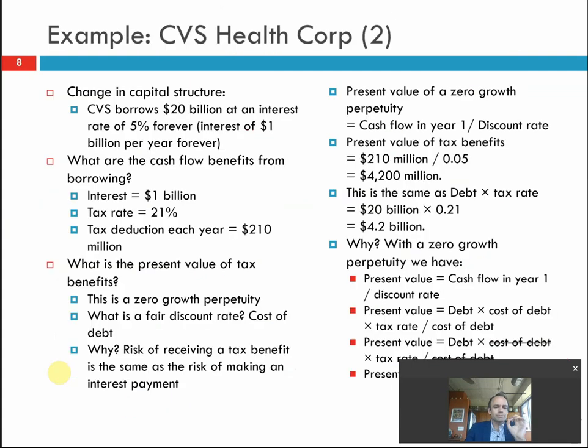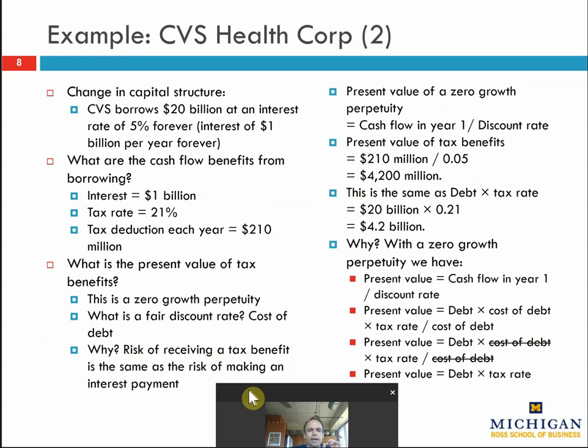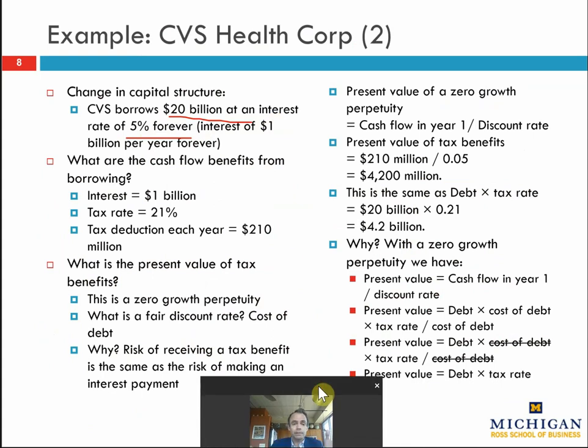So let's do our example. We're going to take CVS and we're going to say CVS is going to borrow $20 billion at an interest rate of 5% forever. You recall this example from the previous discussion. What are the cash flow benefits that we get from this simple borrowing decision? The cash flow benefit that we're going to get is as follows. We pay interest of $1 billion per year.